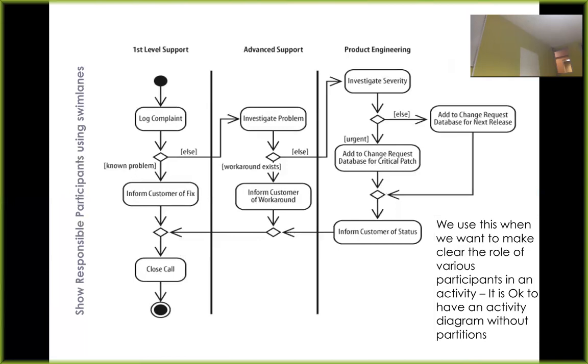So this is saying everything here is first level support, this is advanced support, this is product engineering: three different participants in the activity. And the trouble with taking this approach is that even if it's a complicated activity, you have to try to squish things into the right places, which can be confusing.